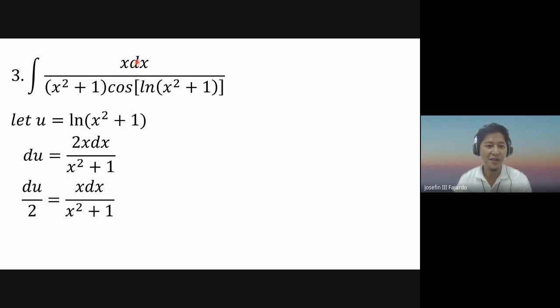Kasi meron tayong x dx, x squared over 2 dito, di ba? So, papalitan ko na lang ito ng du over 2. And then this will be replaced by cosine u. So, we have here. Okay? Can you follow?